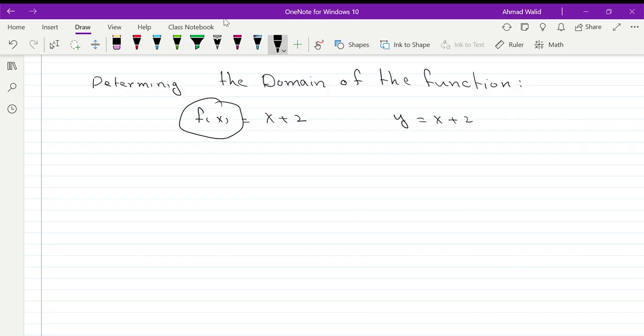For the time being, let's erase this one because I haven't talked about f yet. If I give you y equals x plus 2 and ask you what the domain and range of this function are, how do you understand what the domain of a function is? A few easy notes.